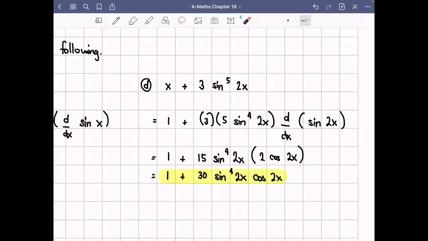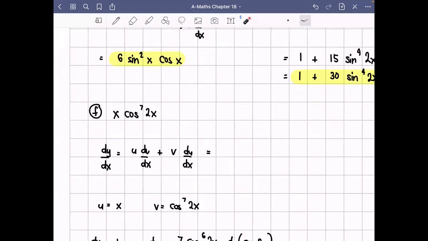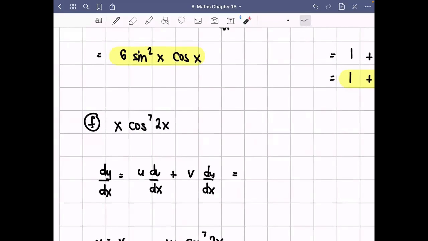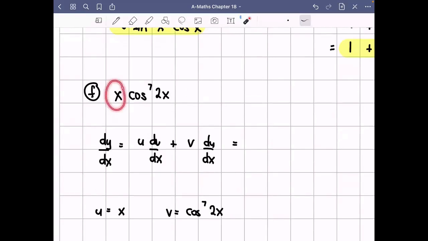And then for my last example, okay, so let's have letter F. Okay, it's x cosine to the 7th power of 2x. Now, you have two terms here, an x and a cosine to the 7th power of 2x.